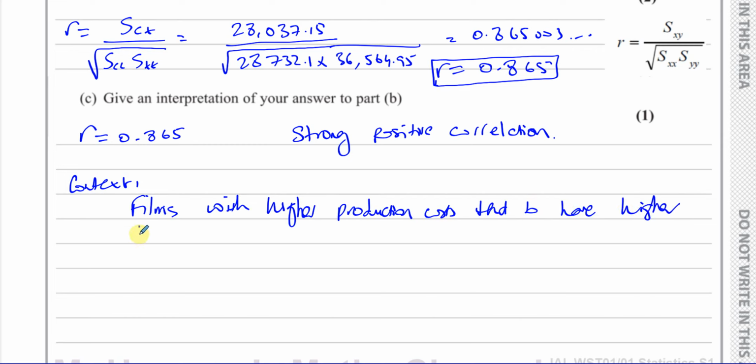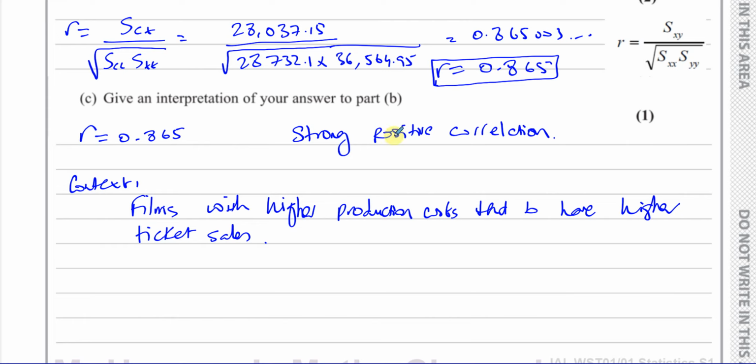Okay, something like this. It has to be in the context of the question in layman's terms, right? So not in statistics language, okay, in layman's terms. So you should mention it in everyday language, and you should mention the fact that it's relating to the cost of producing a film and the ticket sales.